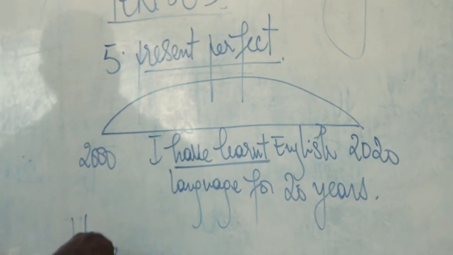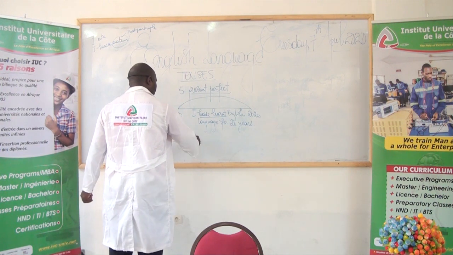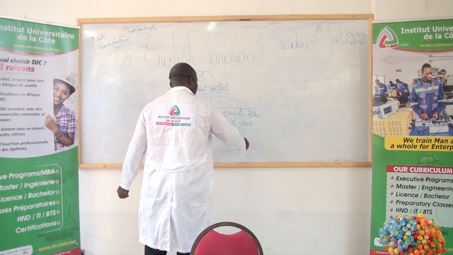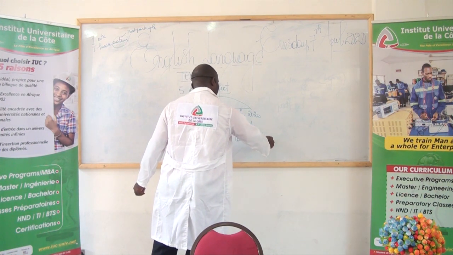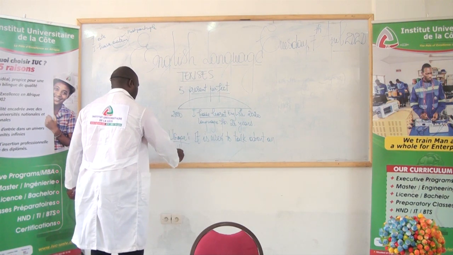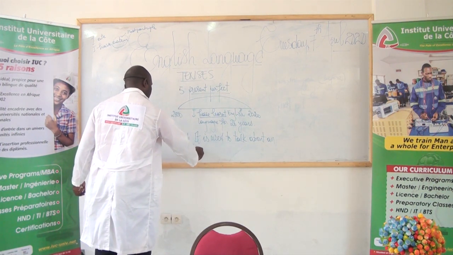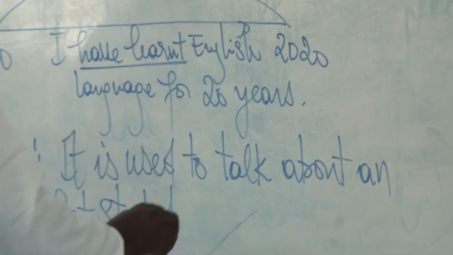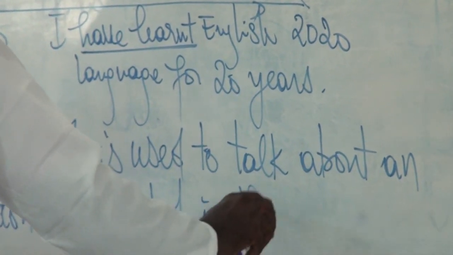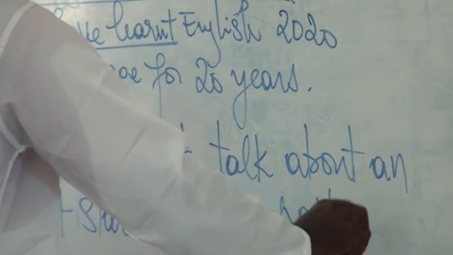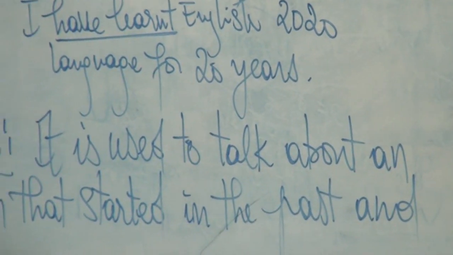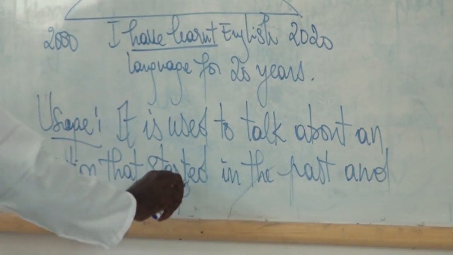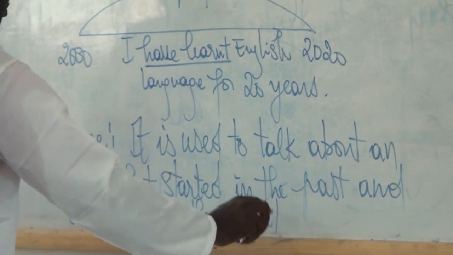Now, talking about the usage, what can we say as far as the use is concerned? It is used to talk about an action that started in the past and continues in the present.